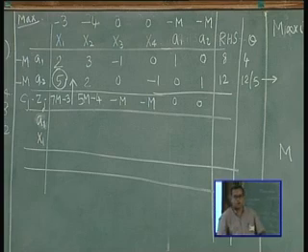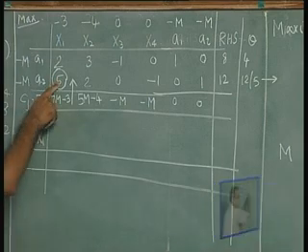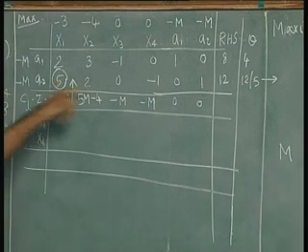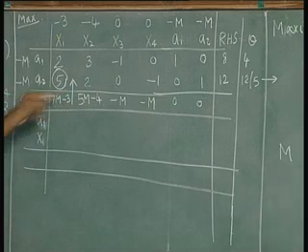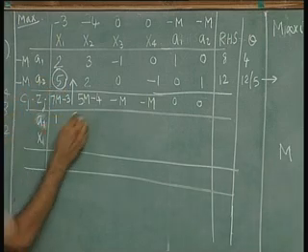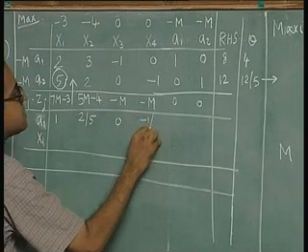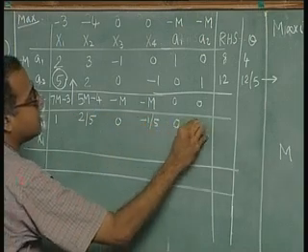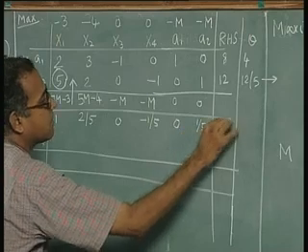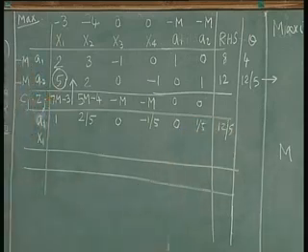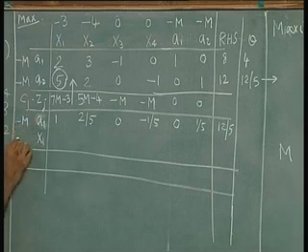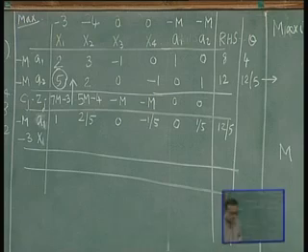As usual we do the row operations. The pivot row is rewritten first by dividing every element of the pivot row by the pivot element, in this case dividing it by 5. So you get 1, 2 by 5, 0, minus 1 by 5, 0, 1 by 5, 12 by 5.